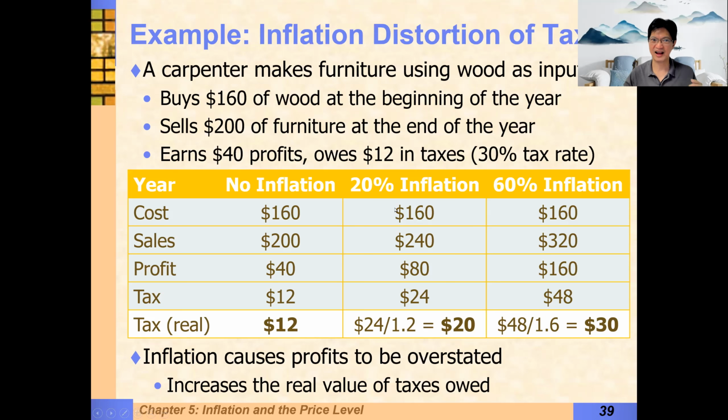But suppose that he buys the wood at the beginning of the year and then sells the furniture at the end of the year when inflation has put the price up. Inflation has pushed the price up. His nominal profits are higher, not his real profits though, because now money is worth less. But his nominal profits are higher, and then the tax system is going to go and charge him more. So he's got to pay more than he needed to pay before.